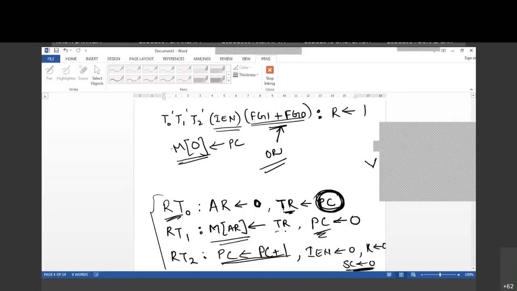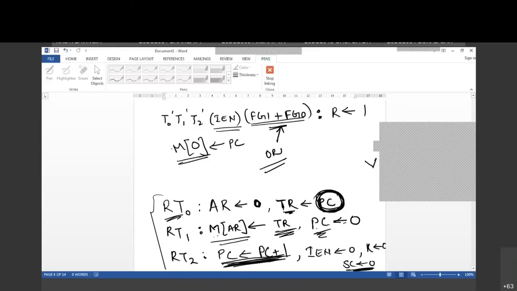Now this temporary register's value we are transferring to M of AR. That is, in M of AR we'll be transferring the next location. After that, setting PC to 1, moving to this particular location, the first location, for executing the interrupt.